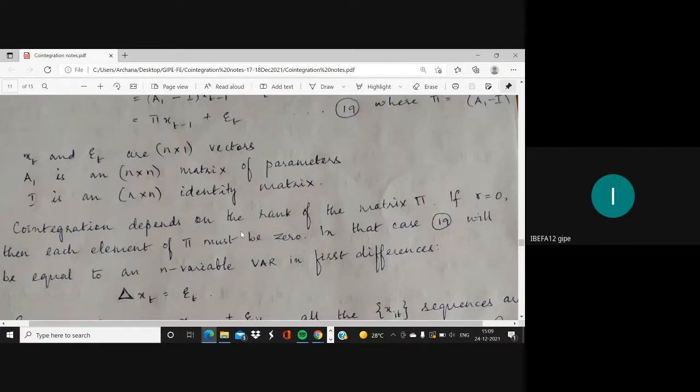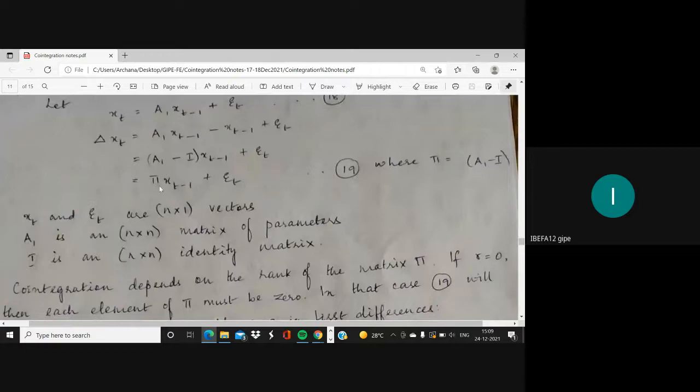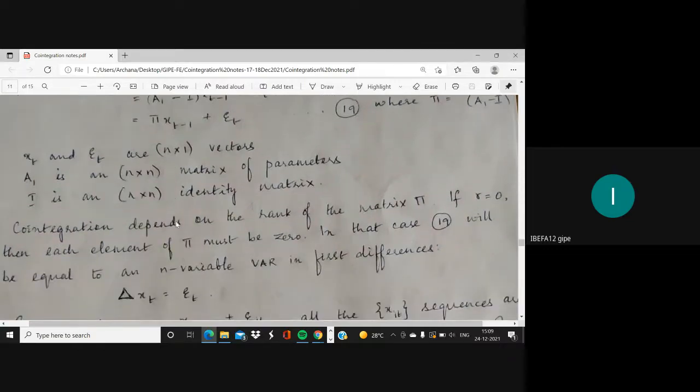In that case, equation 19 will be equal to an n variable VAR in first differences. Since all the elements of pi are now equal to 0, this whole term will vanish and you'll be left with only delta xt is equal to epsilon t.